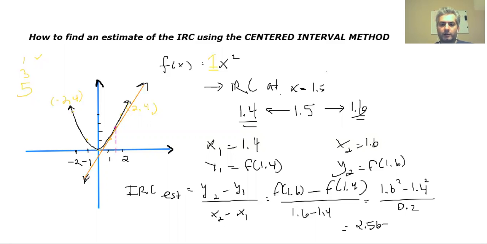and 1.4 squared, let's get that value, 1.4 squared is 1.96. So 2.56 minus 1.96, all over 0.2, and then I just have to input this in the calculator again.